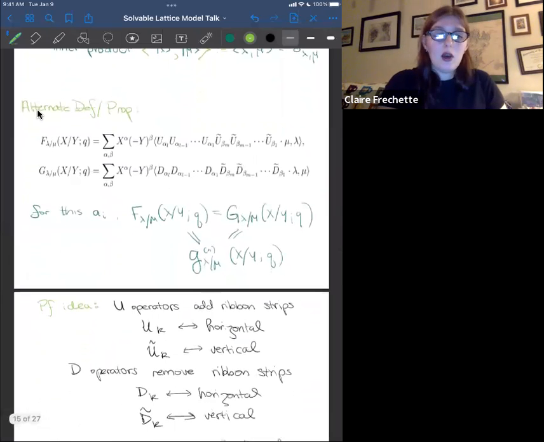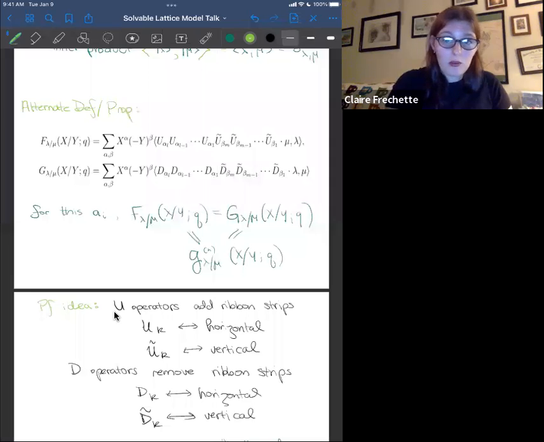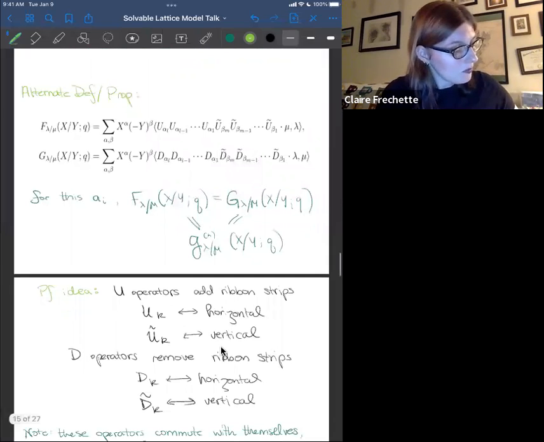The idea behind this is that half of our operators are adding ribbon strips, and the other half are removing ribbon strips. So my u operators correspond to adding horizontal strips, my u tildes to adding vertical strips, and then the d operators correspond to removing the same types of strips.